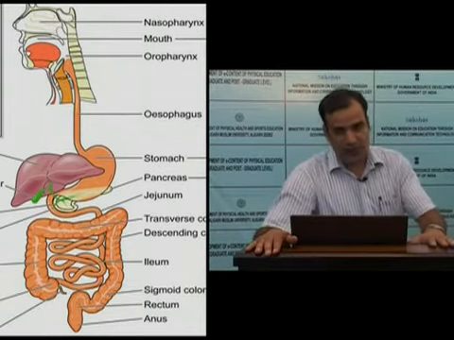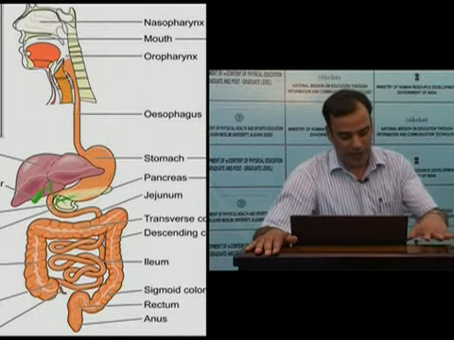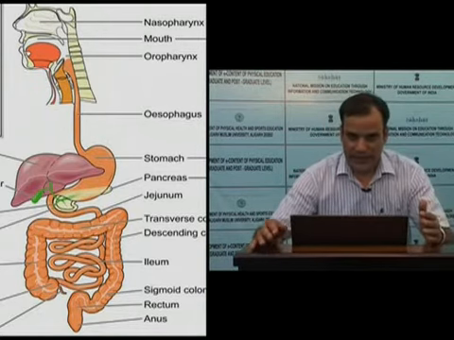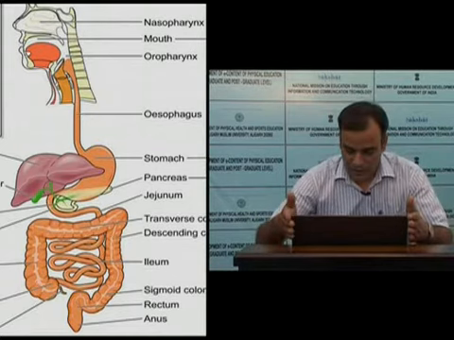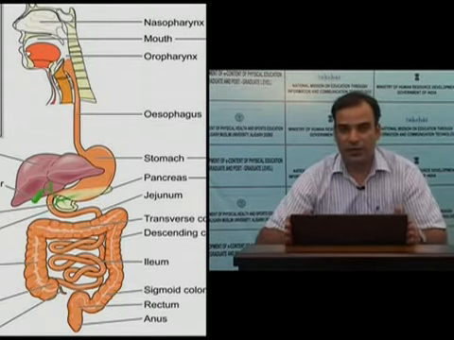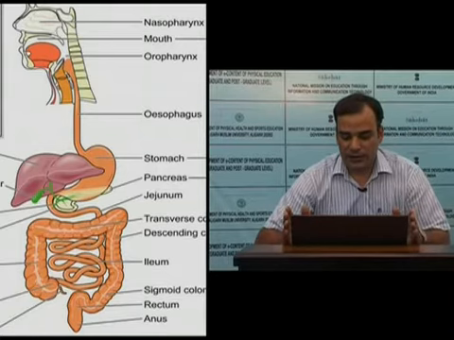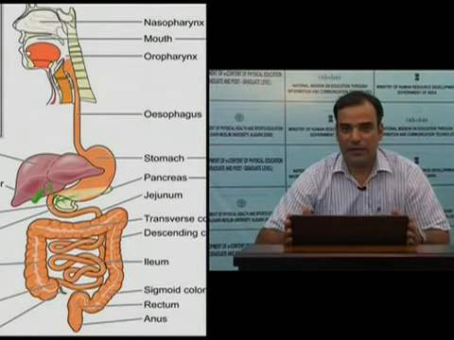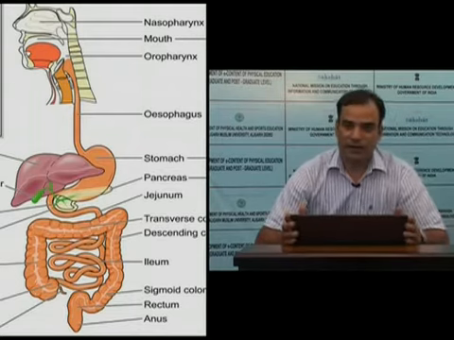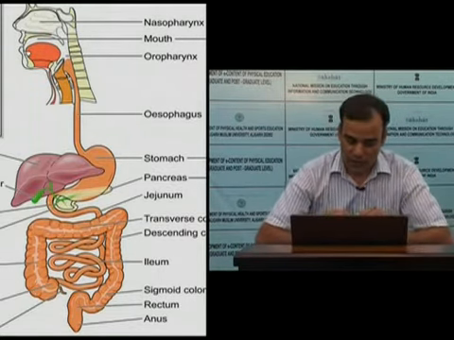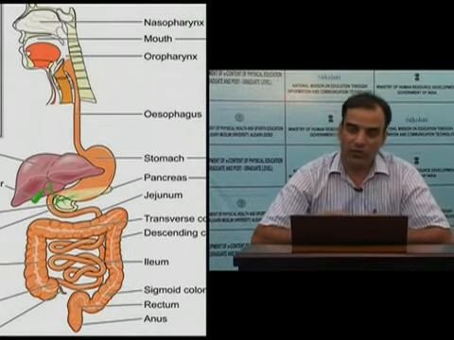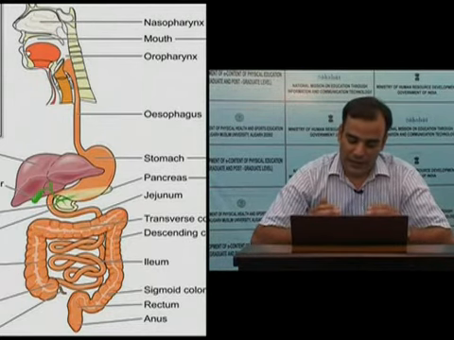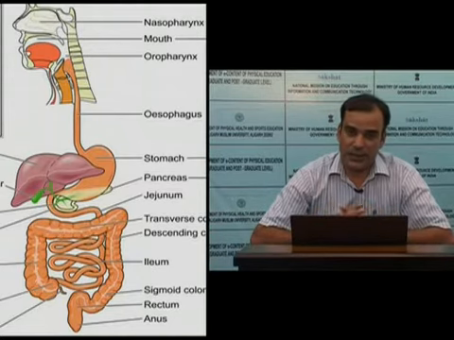Basically, the glands in the digestive system can be divided into two types, accessory glands and the main glands. Along the whole wall of the GIT, the tract is lined with many single cell as well as compound glands. These small single cell glands as well as compound glands are located within the wall of the GIT. These are the primary glands of the digestive system.